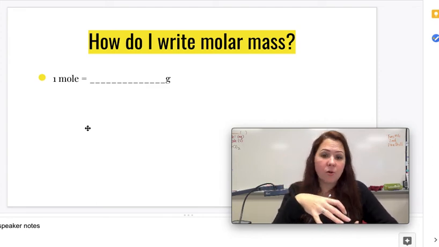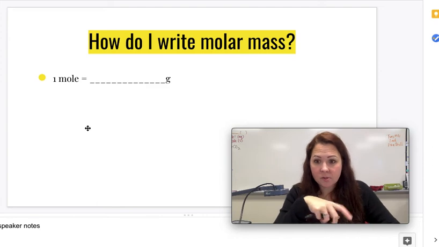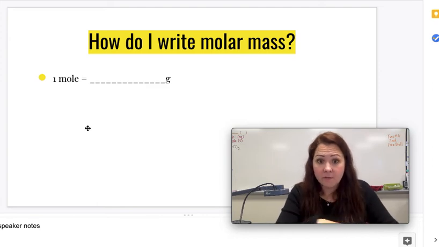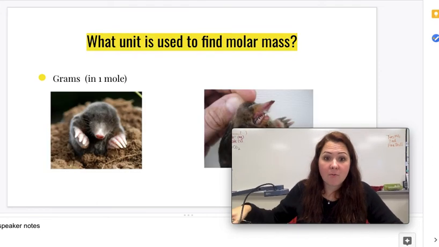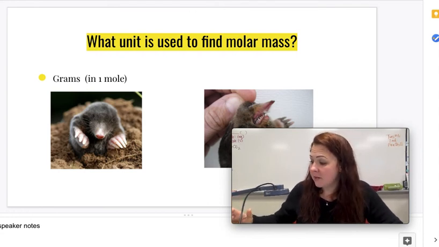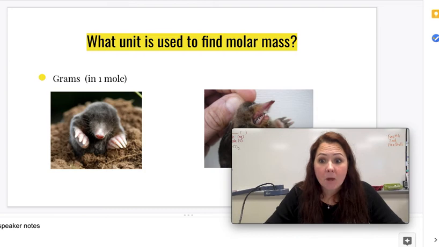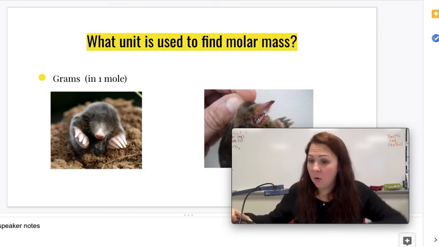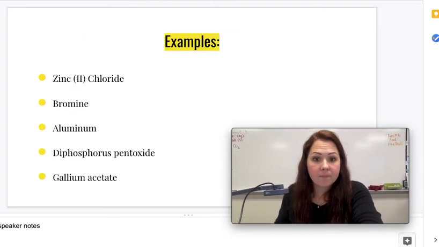I don't care which way you do it, but you have to write it in that way because it is a conversion factor. We're going to drop that into math problems. So when you find your molar mass, you're going to find the mass in grams in 1 mole of whatever we're dealing with.